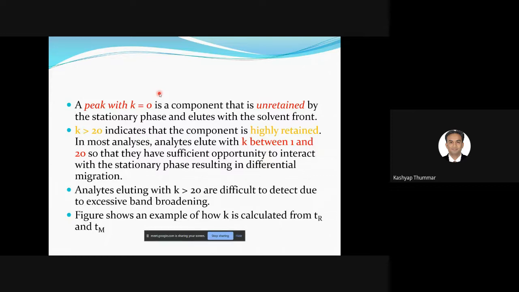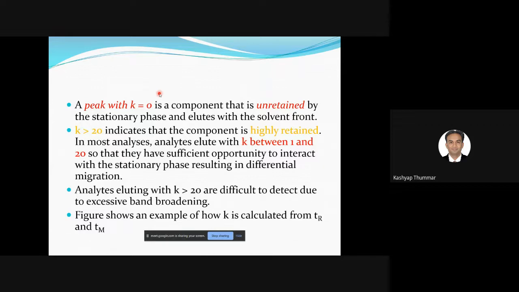So analytes elute with K between 1 to 20. Any chromatographer aims to separate the analytes in between 1 to 20, so that they have sufficient opportunity to interact with the stationary phase, resulting in differential migration. Analytes eluting with K greater than 20 are difficult to detect due to excessive band broadening.